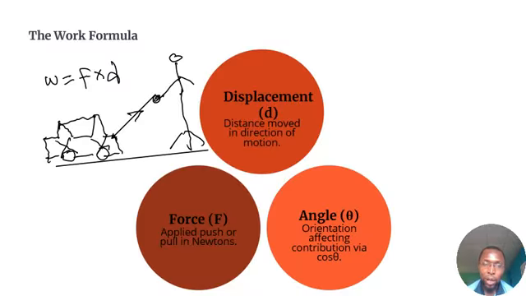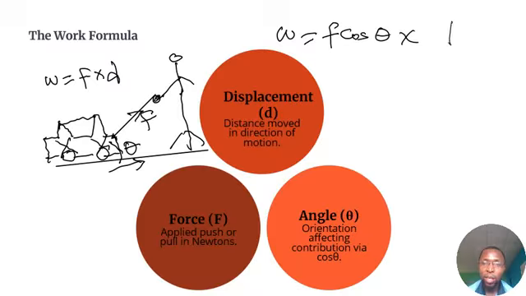Now there is an angle between that rope and the ground. That's angle theta. But definitely, even though the force is applied in this way, the movement will be in this way. So in that case, the work formula will be the force, times cosine of theta, the angle, then times the distance.